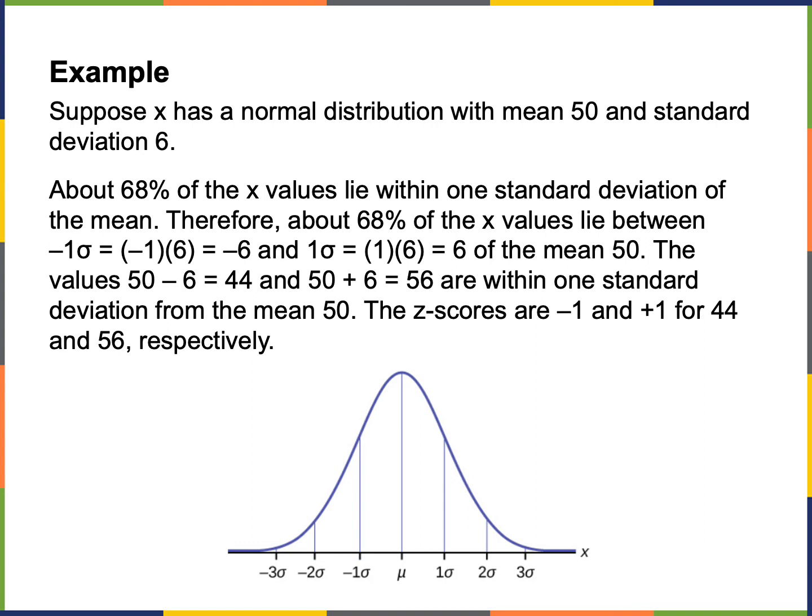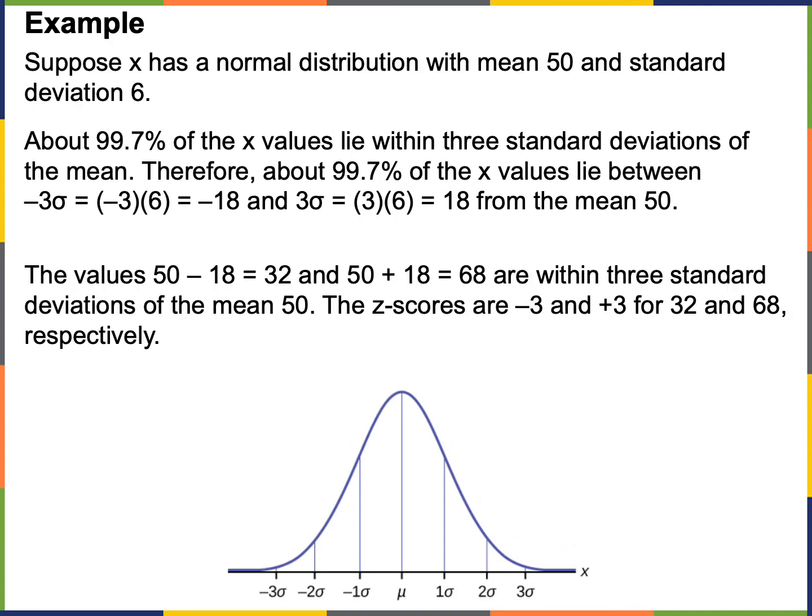And if you subtract 6, you get 44. So now, because of the empirical rule, I could say most of my data is going to be contained from 44 to 56, okay? So the z-score for 44 in this case is -1, and the z-score for 56 is +1.